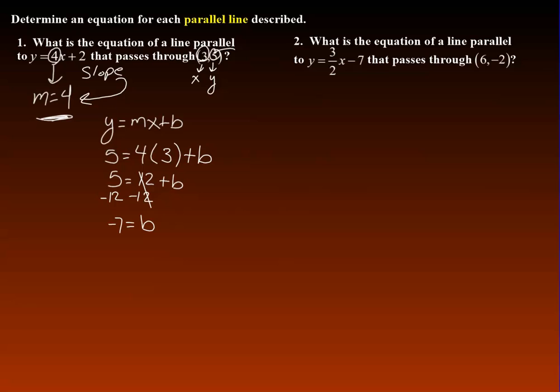And now we're going to come back to the original equation here, y = mx + b. We're going to leave y in it this time. We're still going to replace m with 4. We're going to leave x in it. And now we're going to put in our new b value, -7.